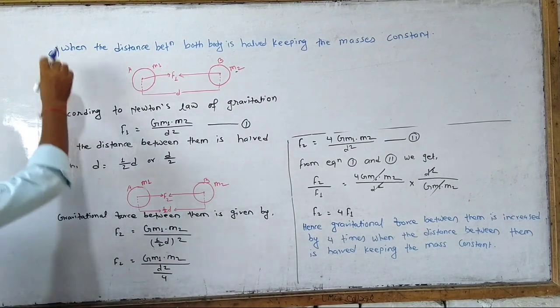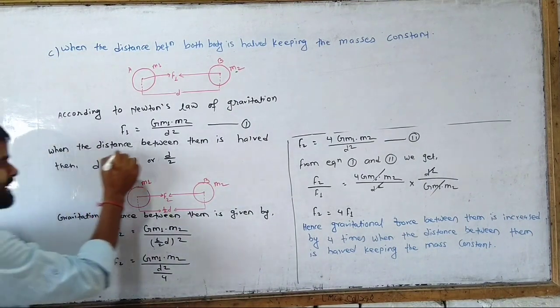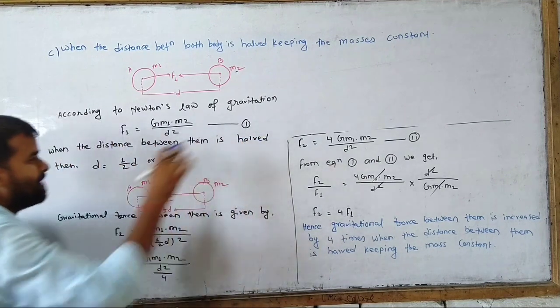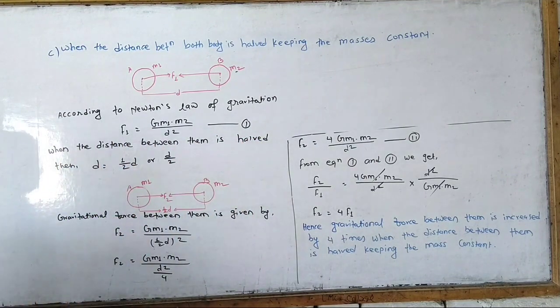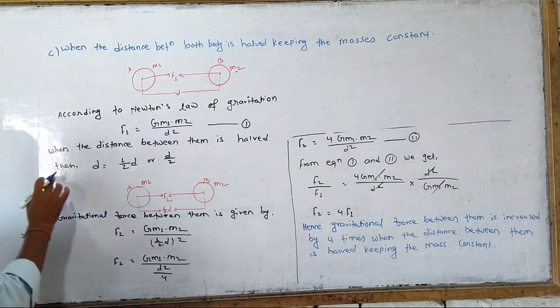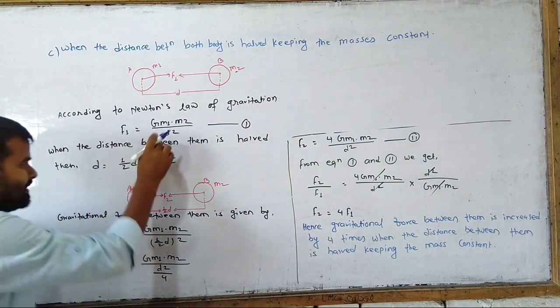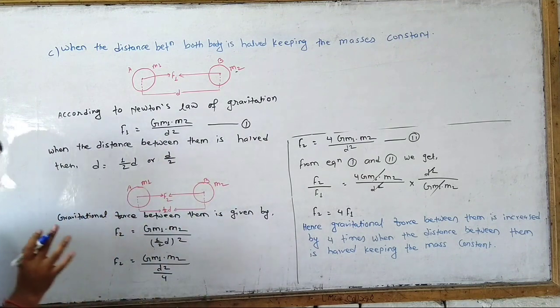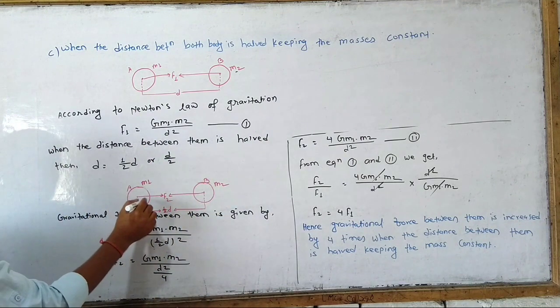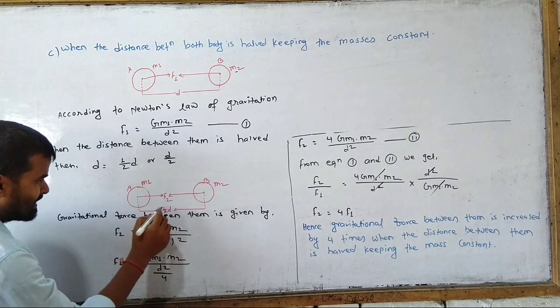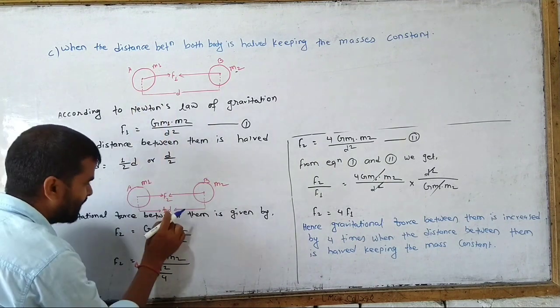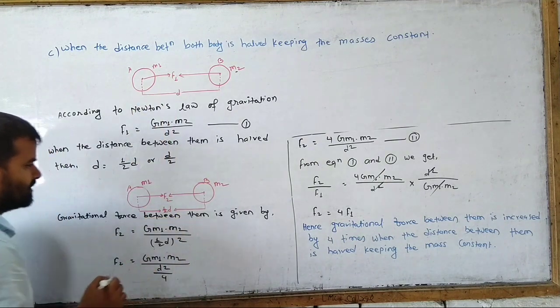Now, when the distance between them is halved, d becomes 1 by 2 d, or you can write d by 2. The mass is the same, but the distance becomes half, that is 1 by 2 d.